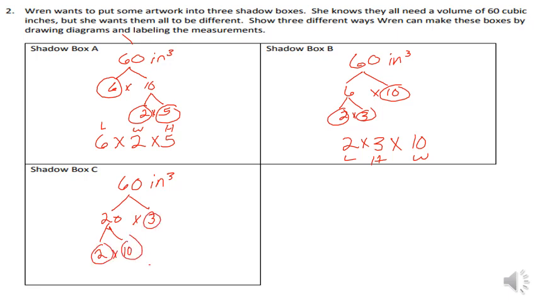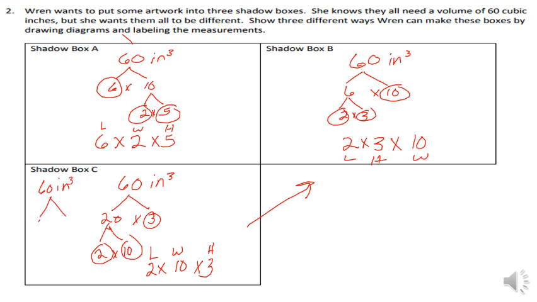Now I'm going to take the 20 and go 2 times 10. So there's my 3. Now I'm doing 2 times 10 times 3. So my length was 2, my width is 10, and my height is 3. Okay?